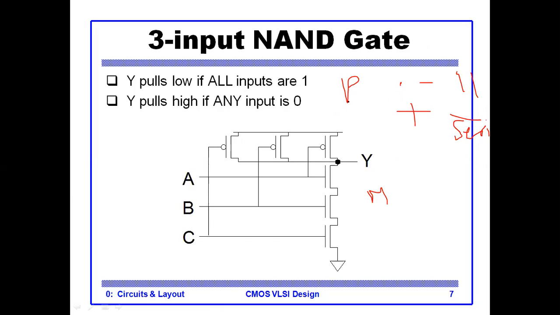So for the NAND gate, the output is (A into B into C) bar. Here these are multiplied, and in PMOS, for multiplication, the combination is parallel. So that's why these 3 PMOS transistors are connected in parallel, and in the pull-down network the NMOS transistors are connected in series.